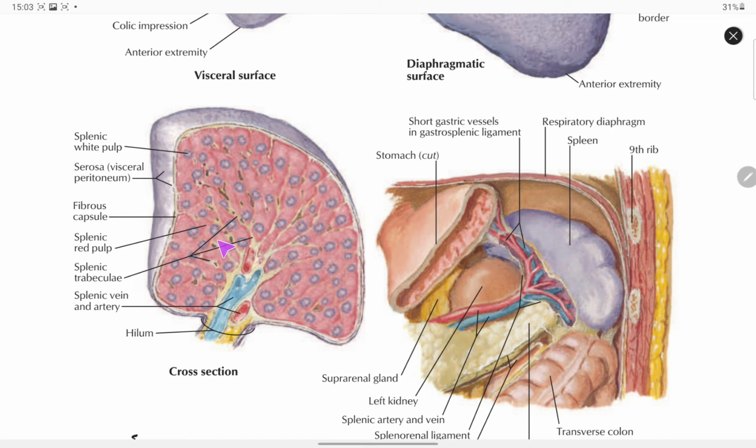Some others believe in the compromise theory, where the circulation is open in a distended spleen and closed in a contracted spleen. On the basis of the blood supply, the spleen is said to have superior and inferior vascular segments.